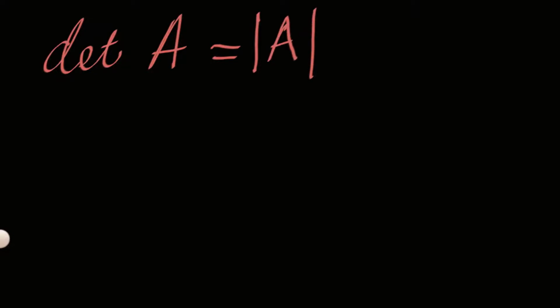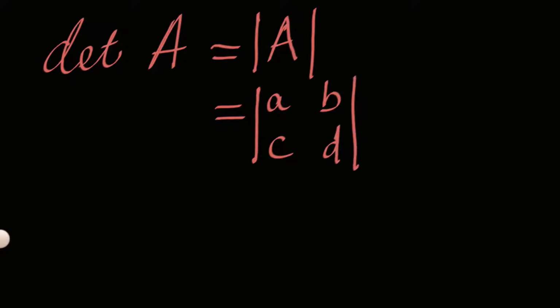That's the determinant of A. And because A is a matrix that we know, I can use straight lines here and say this is A, B, C, D. We are using straight lines instead of brackets, but we still have the same elements A, B, C, and D.